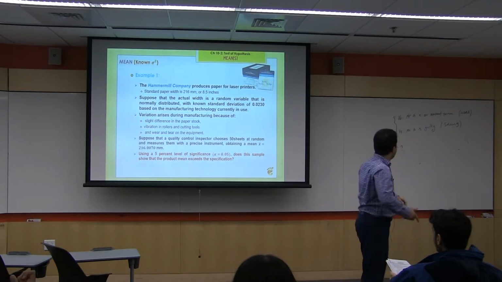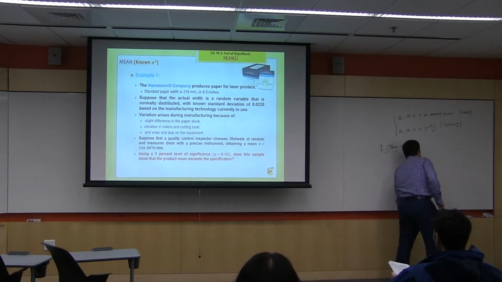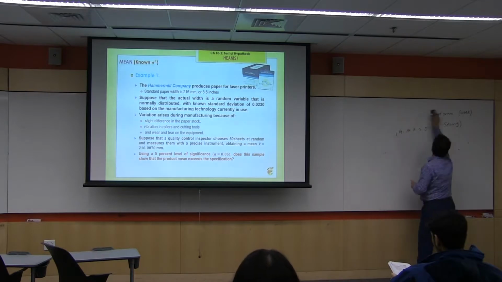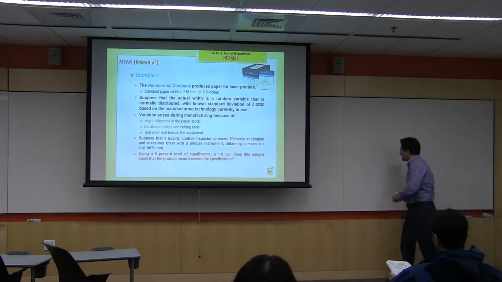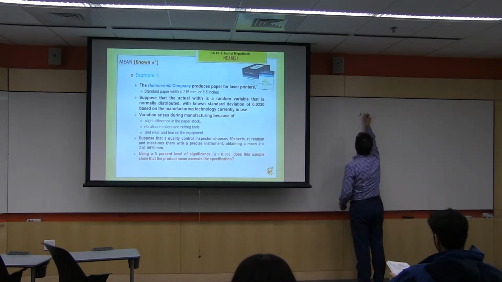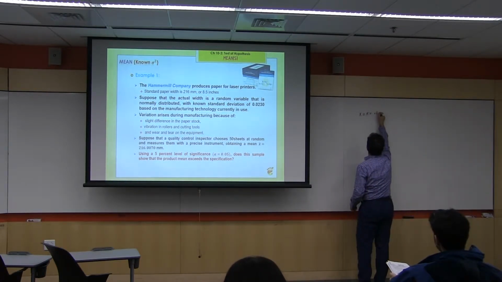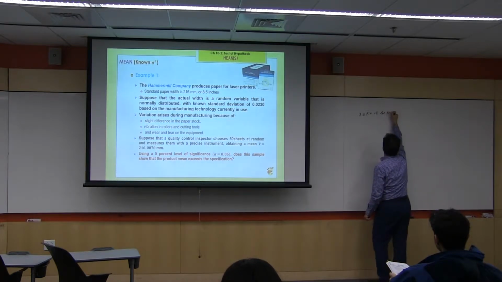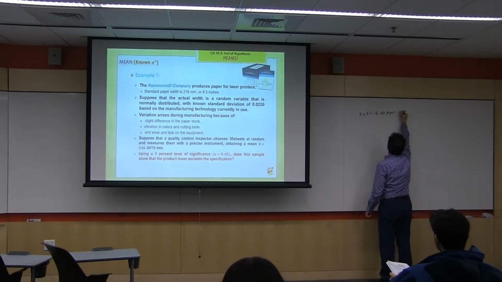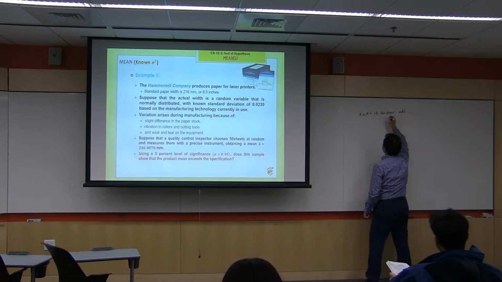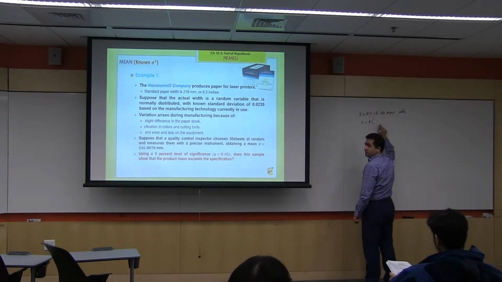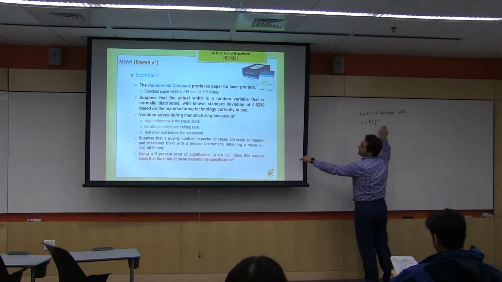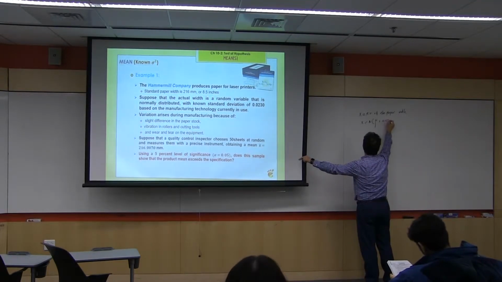So I'm saying that X is a random variable of the paper width, and X is normally distributed with unknown mu, but we know sigma is what? 0.023.